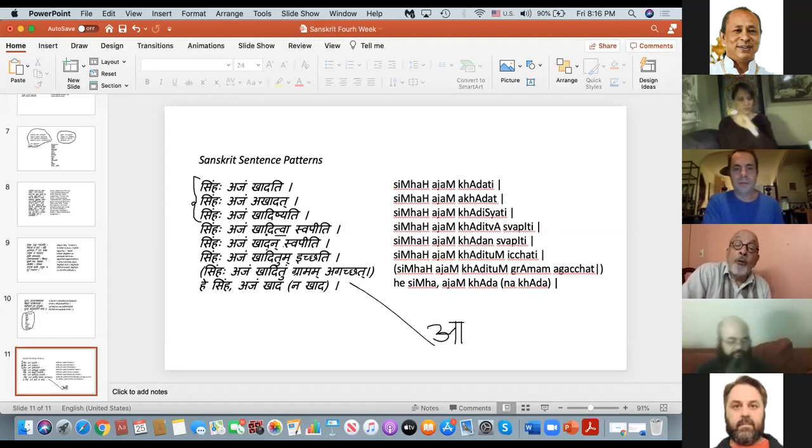So all verbs can go through like this. So if you use vadati, sometimes it takes an object, sometimes it doesn't. So vadati or avadat, vadishyati, vaditva, not vaditva, uktva in this case, okay?